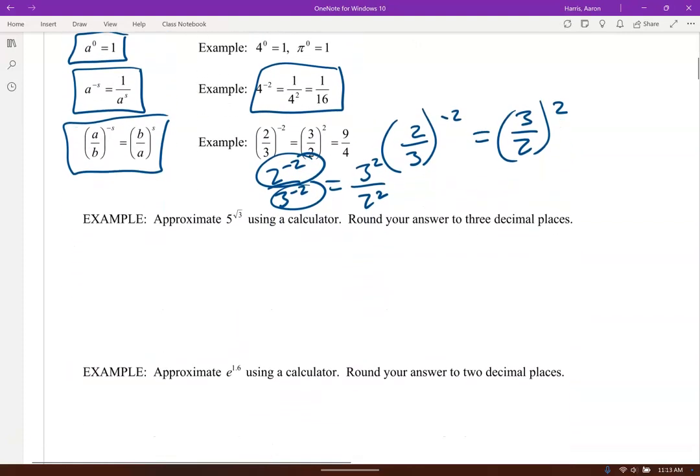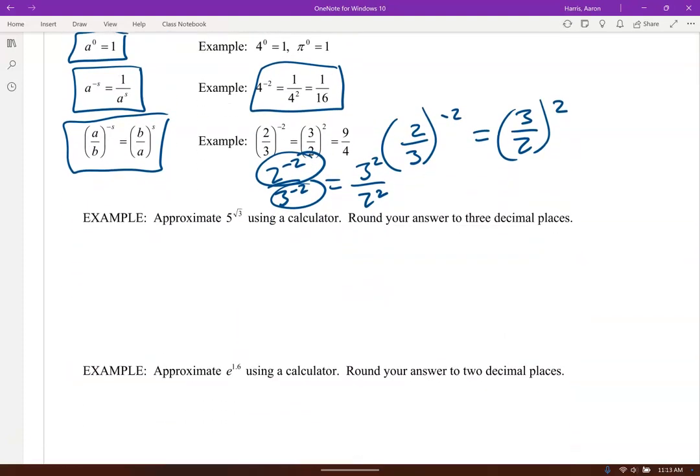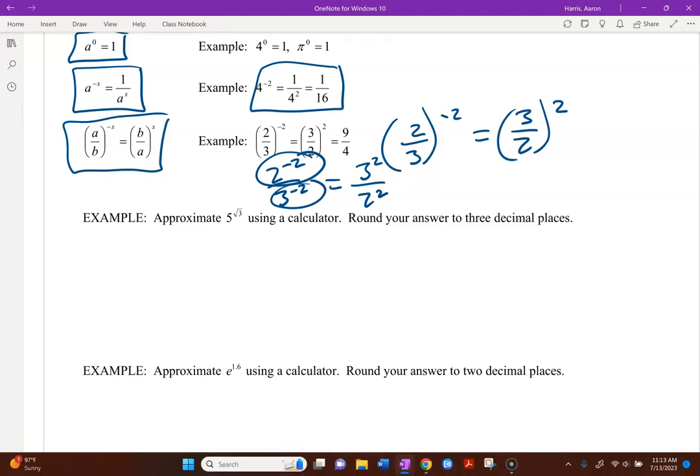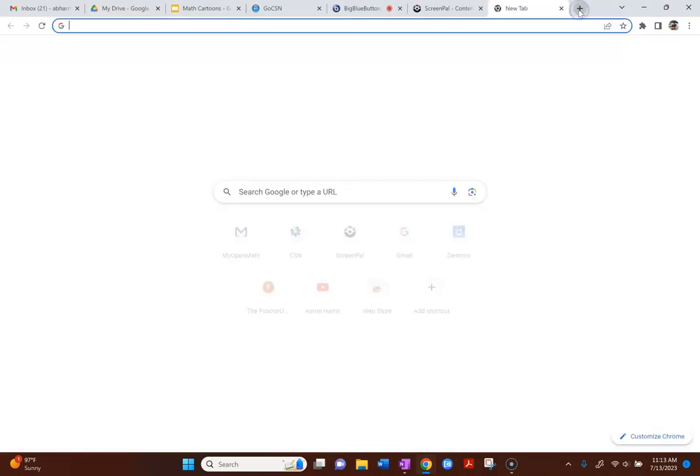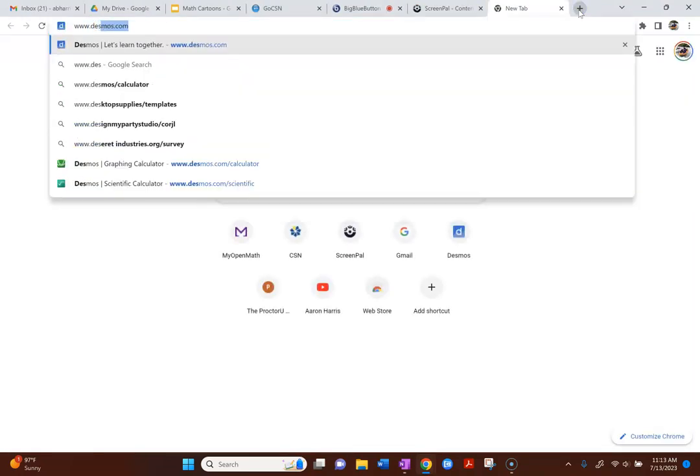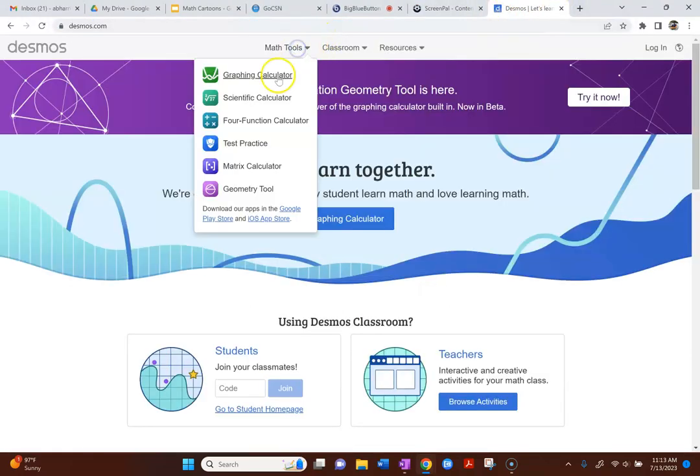All right, let's go ahead and do some calculator approximation. Let's just make sure we can punch in 5 to an irrational number. So 5 to the square root of 3. So if you want to pull up Desmos, and let's pull up our scientific calculator in Desmos.